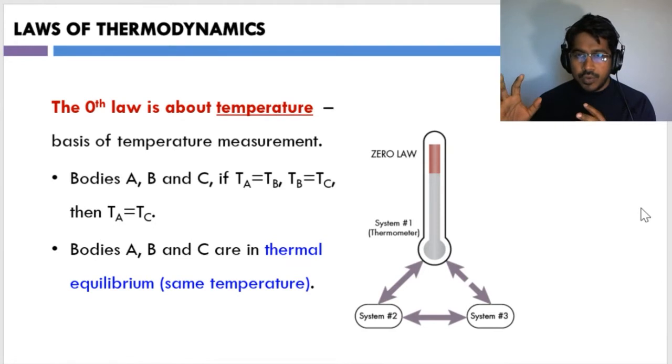Once we know two things are in equilibrium, and another two things are in equilibrium, then we know that these two are in equilibrium. This law is called the zeroth law, and it is not one of the main laws that we use continuously throughout this course.